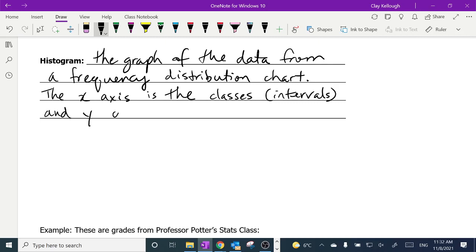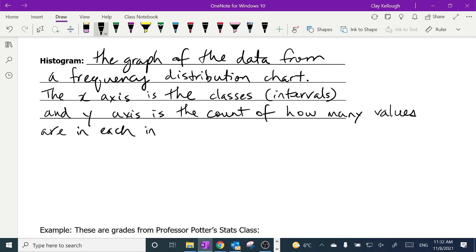And the y-axis is the count of how many values are in each interval. I'll give you a sec to catch up to my writing. That's an R. Give you a chance to try to interpret my crappy writing. Intervals, there we go. There.